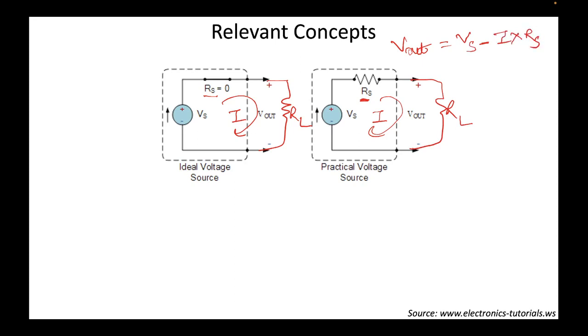Now, since the non-ideal voltage source has some finite source resistance Rs, note that the voltage provided to the load is Vout.